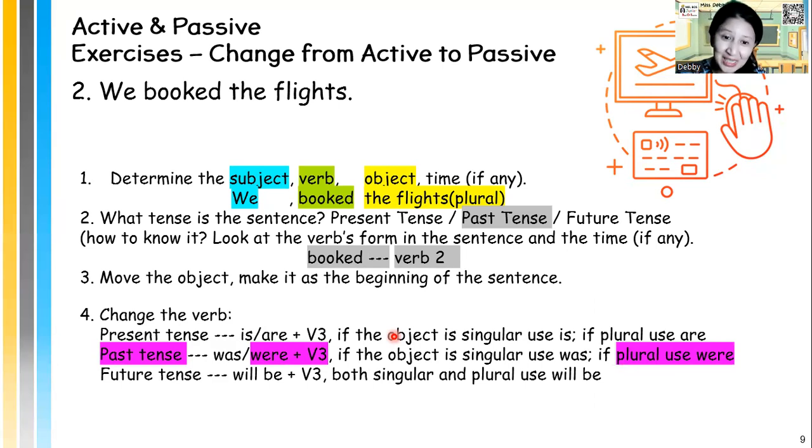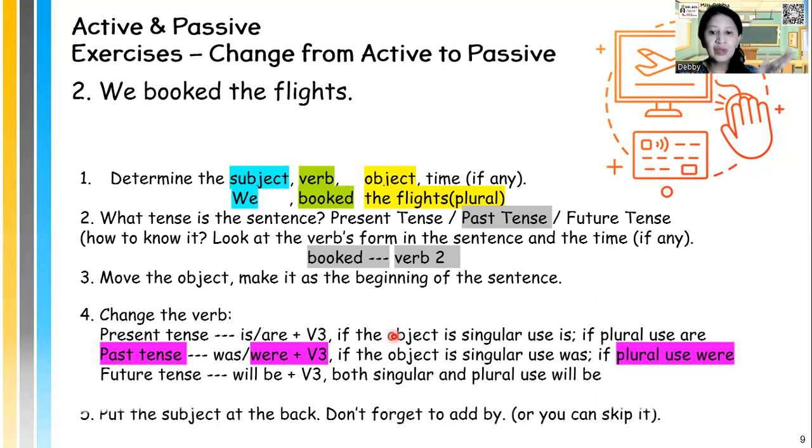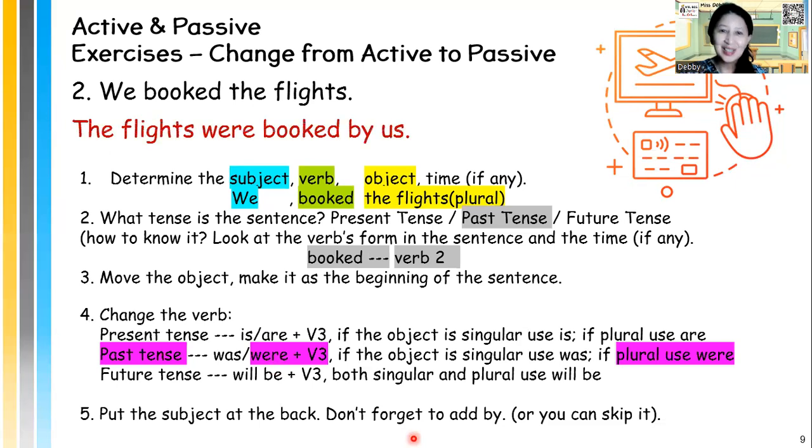And then the verb 3, book, booked, booked. And don't forget to add by, or you can just skip it. So, how is the sentence? The flights were booked by us. Yeah. Change the subject we to us, to become the object. So the flights were booked by us. Good job.